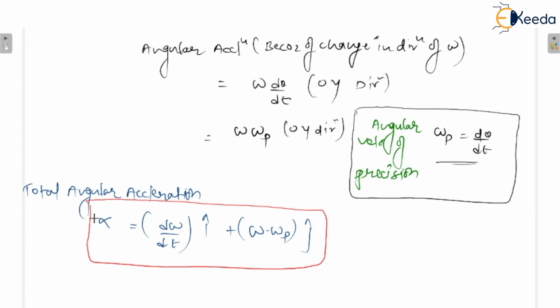This is not linear acceleration, this is angular acceleration, just because of the change in magnitude and the change in direction of omega. So there will be d omega by dt in the x direction and omega p in the y direction. This term is known as gyroscopic acceleration. Gyroscopic acceleration is induced just because of the change in direction of omega.